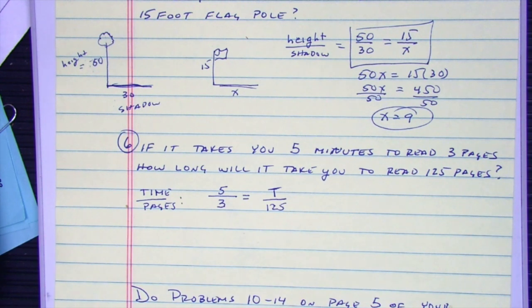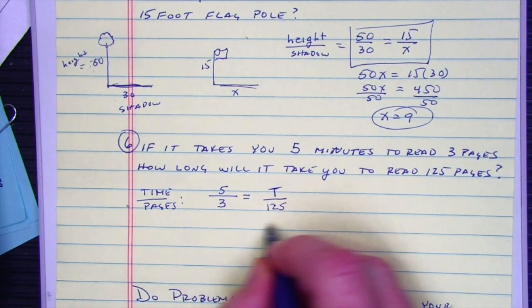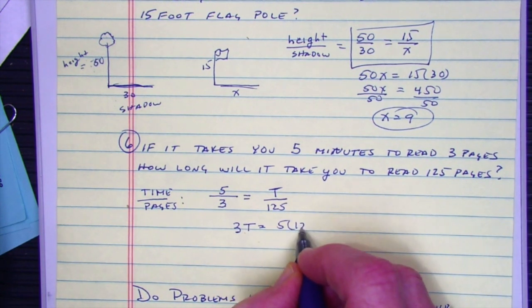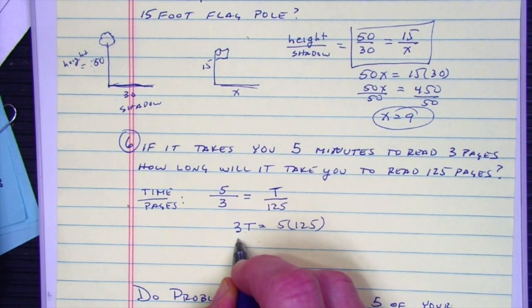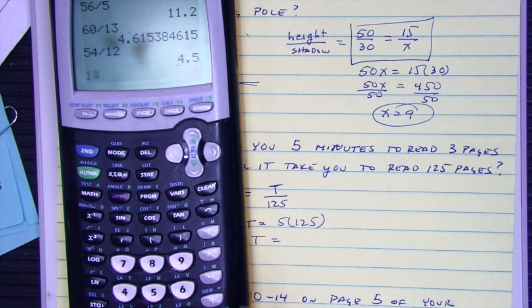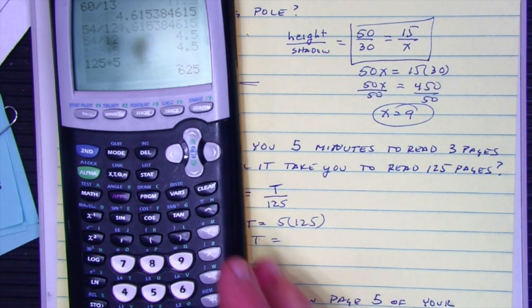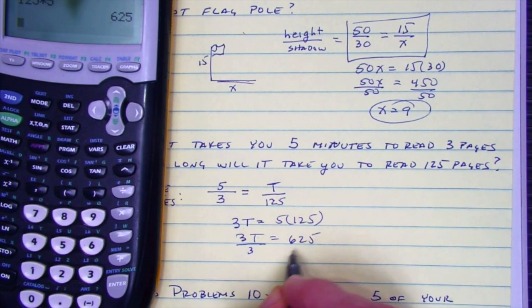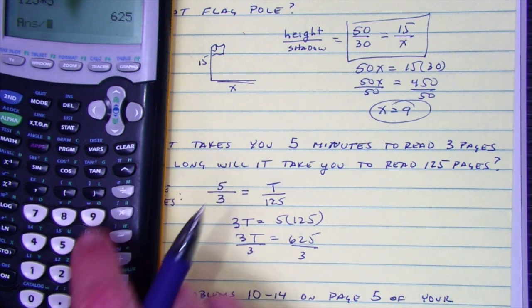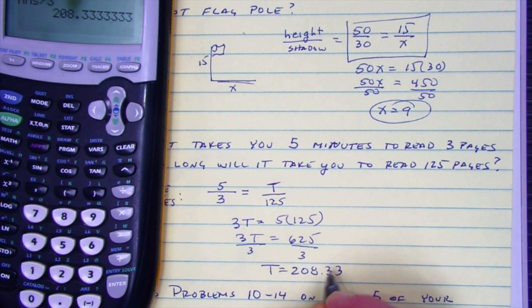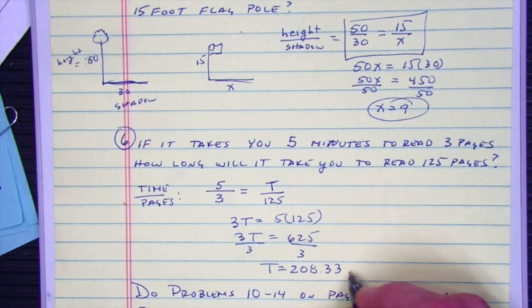If I cross multiply at this point, I get 3t is equal to 5 times 125, which I believe is 625. Yep, 625. If I divide by 3, it's 208.33, and that would be in minutes.